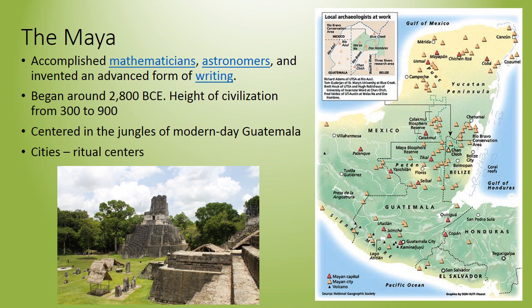Alright, and you can tell from this picture at the bottom just how you can see the outline of these trees here. I'll show you another picture in a minute, but you can see how these cities were really centered within the jungle. The jungle would form a canopy, like a ceiling of trees overhead, which would sometimes make farming difficult.